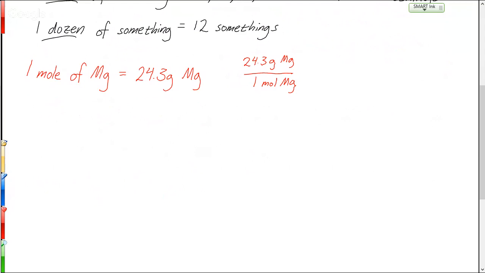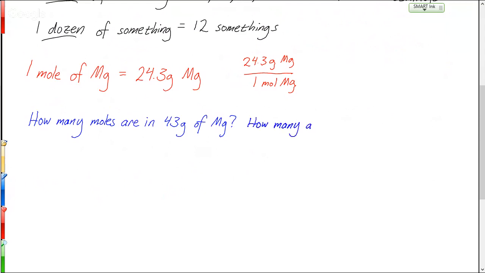So now we can answer questions like this. How many moles are in 43 grams of magnesium, or how many individual atoms is that?